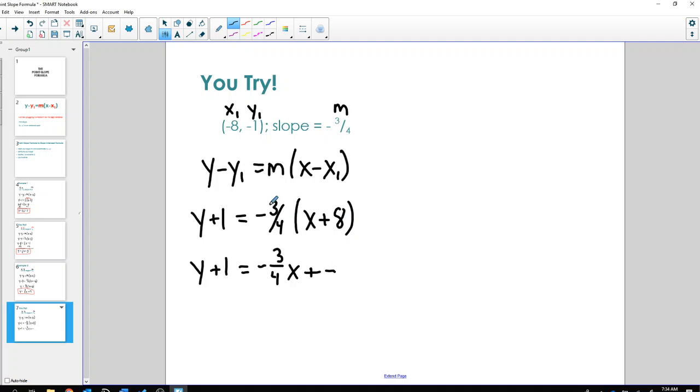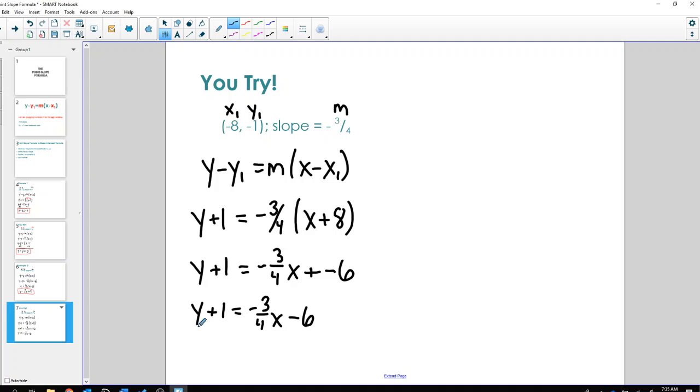So 8 times 3 will give me 24, and 24 divided by 4 will give me a 6. Okay, so I'll have y plus 1 equals negative 3/4 x minus 6. And again, some of you will be able to skip this step and go straight to it being a negative 6. Some of you might still need to write it out, and that's fine.